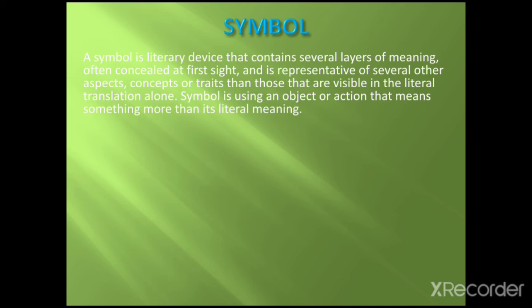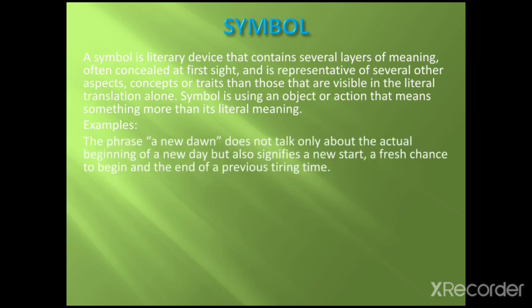Symbol is using an object or action that means something more than its literal meaning. Examples: the phrase "a new dawn" does not talk only about the actual beginning of a new day, but also signifies a new start, a fresh chance to begin, and the end of a previous tiring time.